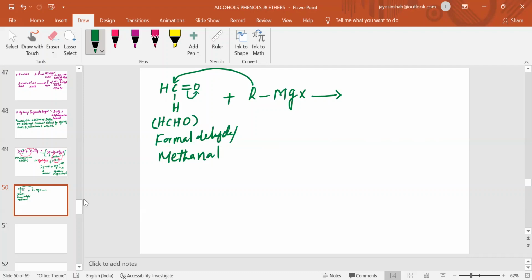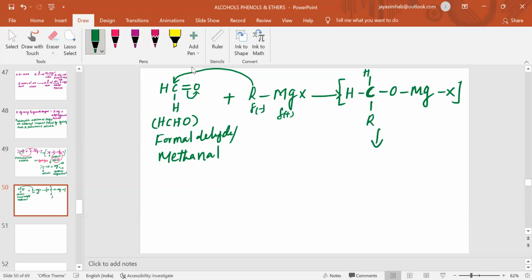The carbonyl already has a partial positive and partial negative charge: partial negative on oxygen, partial positive on carbon. So we get H, C, R, H, O, MgX. This is the adduct, the nucleophilic addition product.